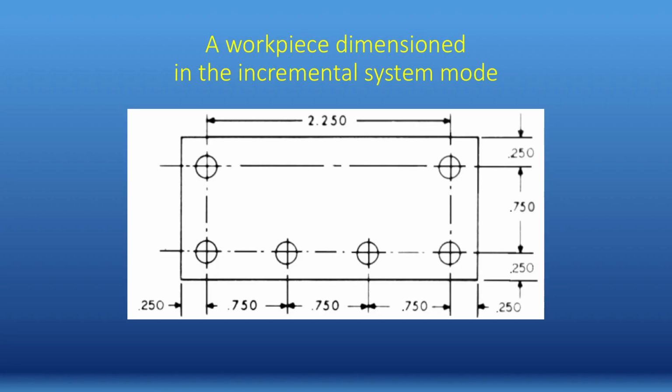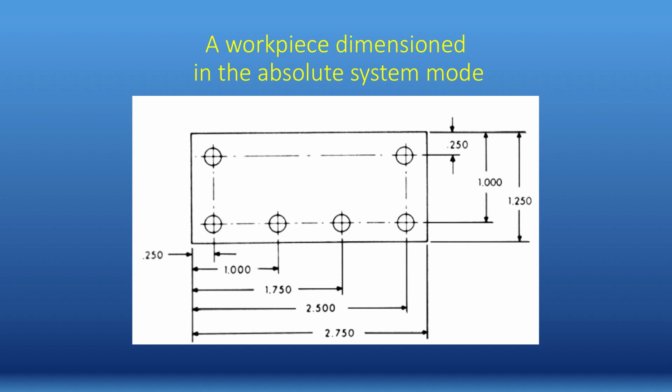Suppose I want to drill 5 holes. This is absolute mode. The coordinate of the first hole is here, 250. Then every coordinate is measured from the origin.